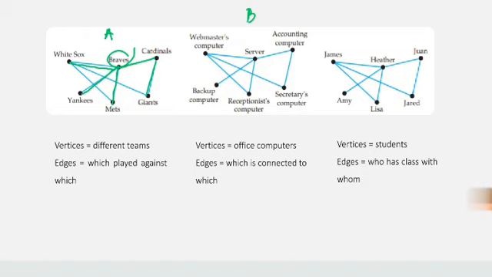But most of them are connected to the server. On the third one, the vertices represent the students, and if they are connected through an edge, that means they have a class together. So James has a class with Jared, with Heather, and with Lisa, and so on. So you can somewhat imagine how we can use graphs.